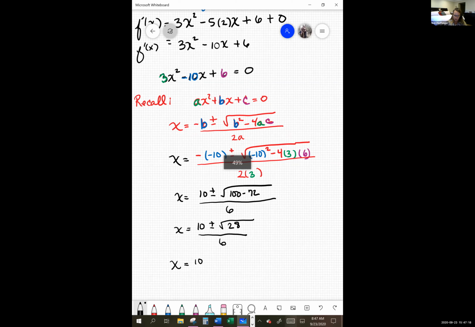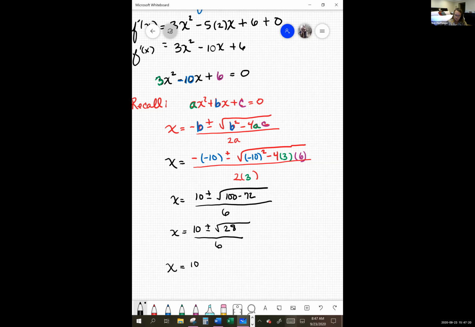So, kind of side work over here: the square root of 28 is the same thing as the square root of 4 times 7. The square root of 4 times the square root of 7 is 2 root 7. So plus or minus 2 root 7, all over 6.